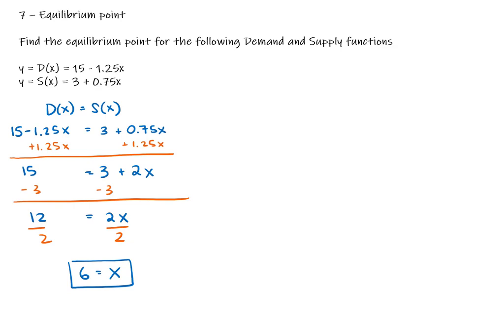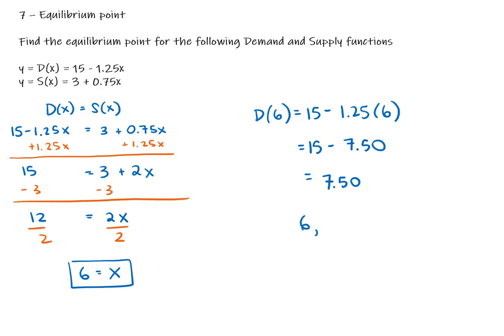Taking that 6 and plugging it into either function, I can say d of 6 is 15 minus 1.25 times 6. So I get 15 minus 7.50, which is just 7.50. So my equilibrium point is (6, 7.50).